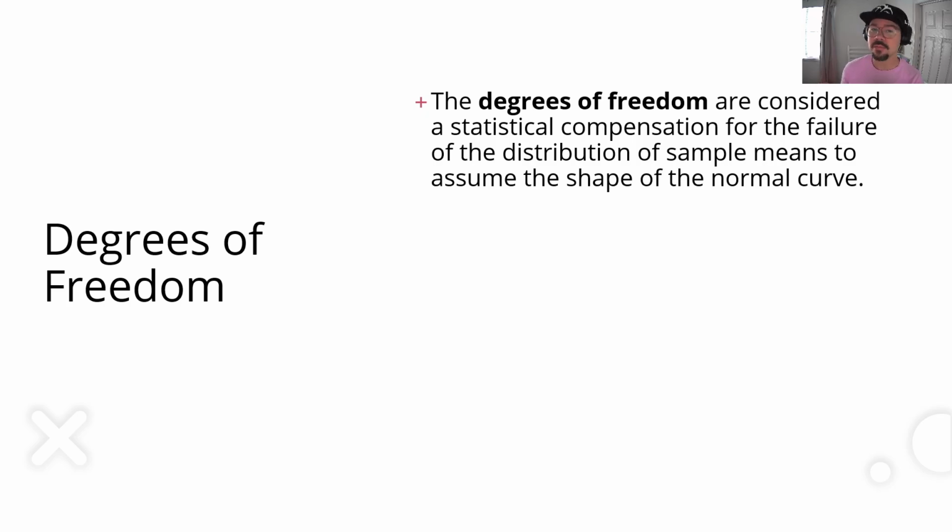But that's a theorem, right? The idea is that we don't necessarily see it in practice because the reality is we cannot take an infinite number of samples. So the degrees of freedom allows us to say, all right, well, we can't take an infinite number of samples, so we have to make some sort of adjustment to how we're thinking about our samples so that we can safely use them in statistical analyses.